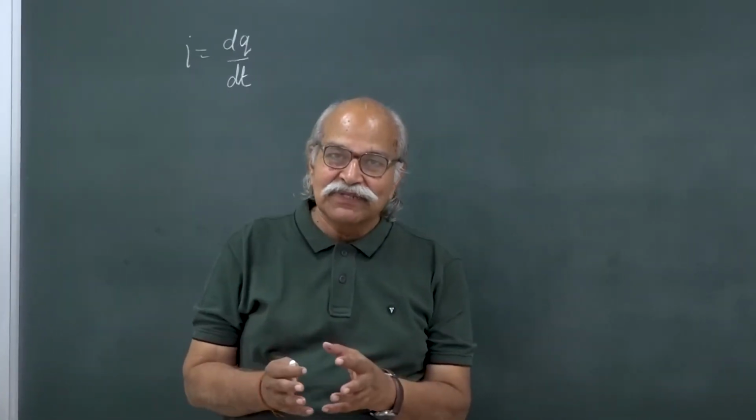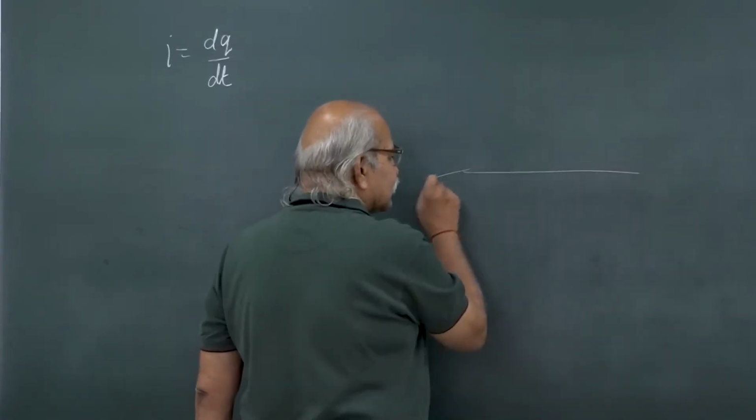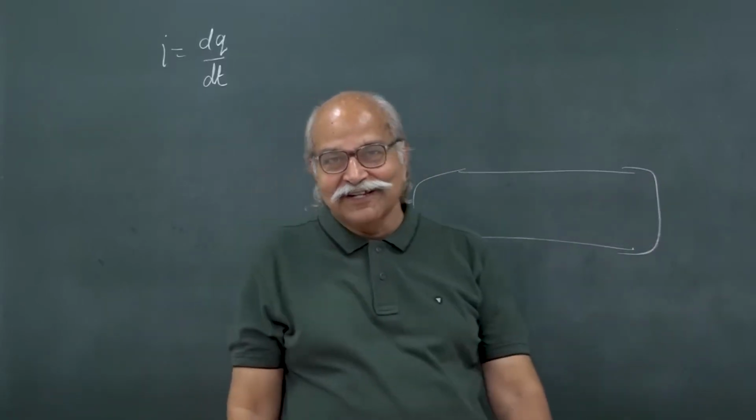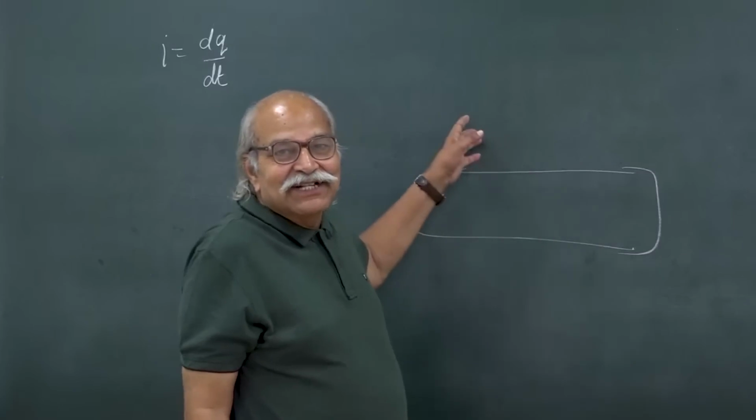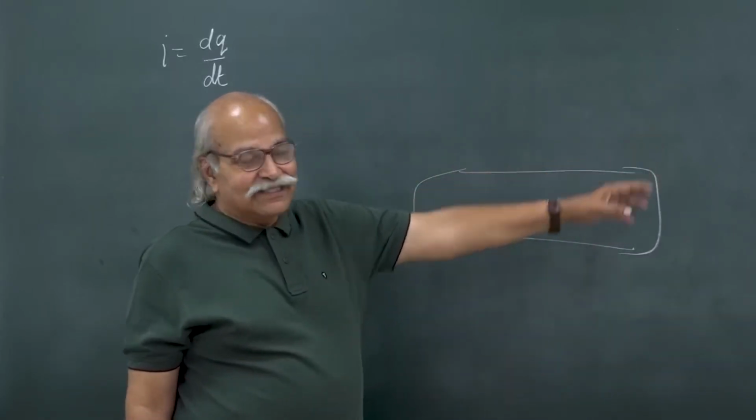For example, suppose I have an accelerator, you know the accelerators, you must have heard of the Large Hadron Collider. It is an accelerator which accelerates ions up to large velocities.